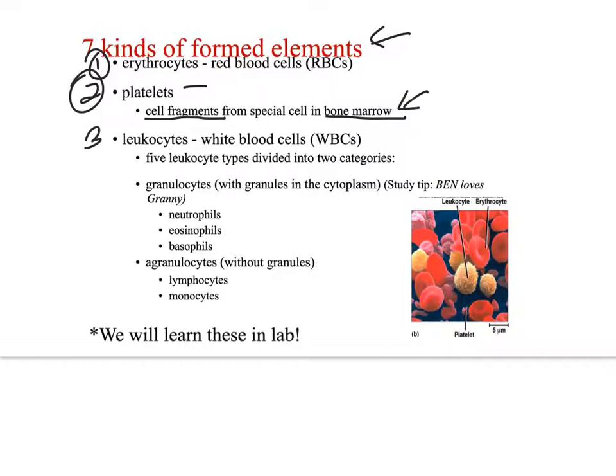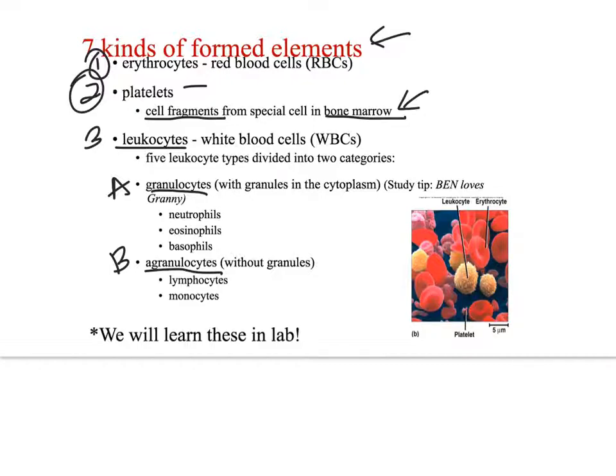Now the third type, which has 5 subtypes under it, are leukocytes, or white blood cells. White blood cells are divided into 2 broad categories: A is granulocytes, and B is agranulocytes.